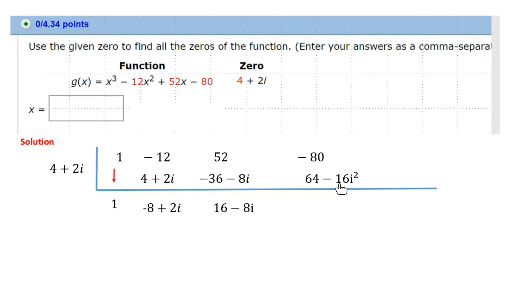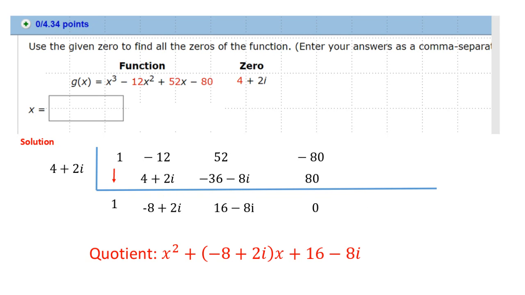So I'm left with 64 minus 16i squared. Take this i squared, make it a negative 1. Negative 1 times negative 16, positive 16 plus 64. 0.